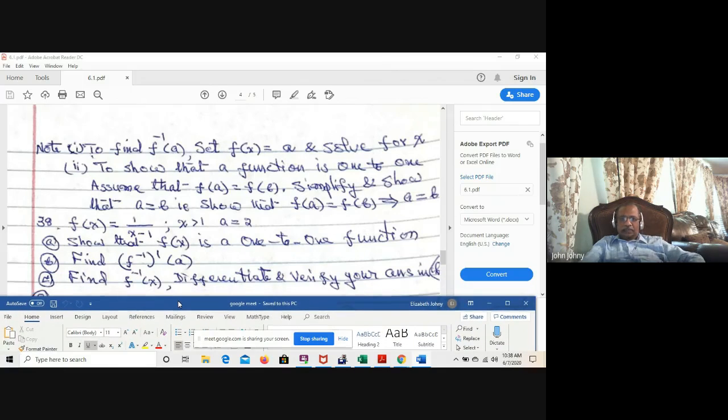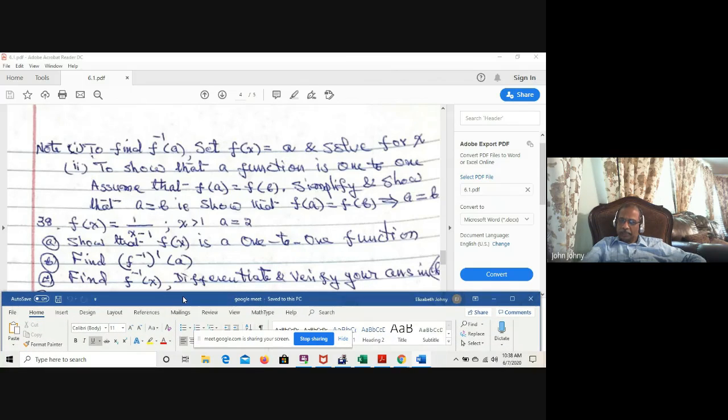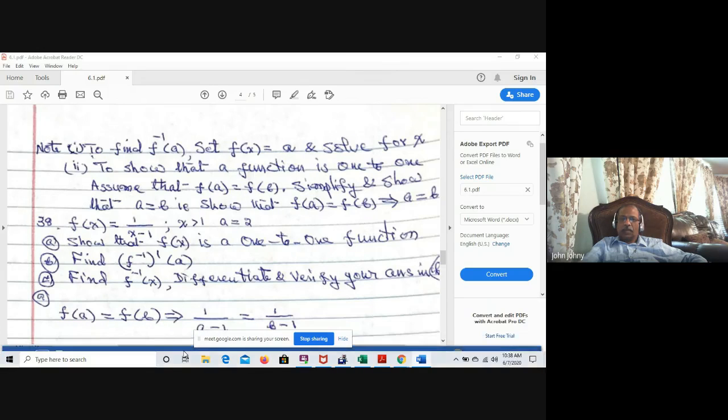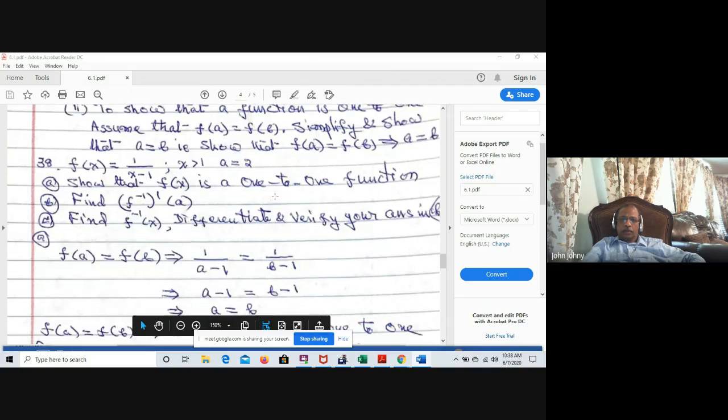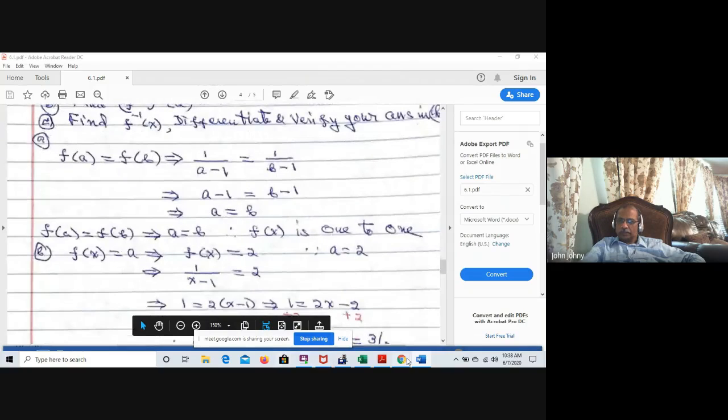Then the third part is find f inverse of x by differentiating and verify your answer by the direct method. And then there is one more part, you have to graph f inverse of x and f(x) on the same grid. Okay, so we are going to show that it is a one-to-one function.